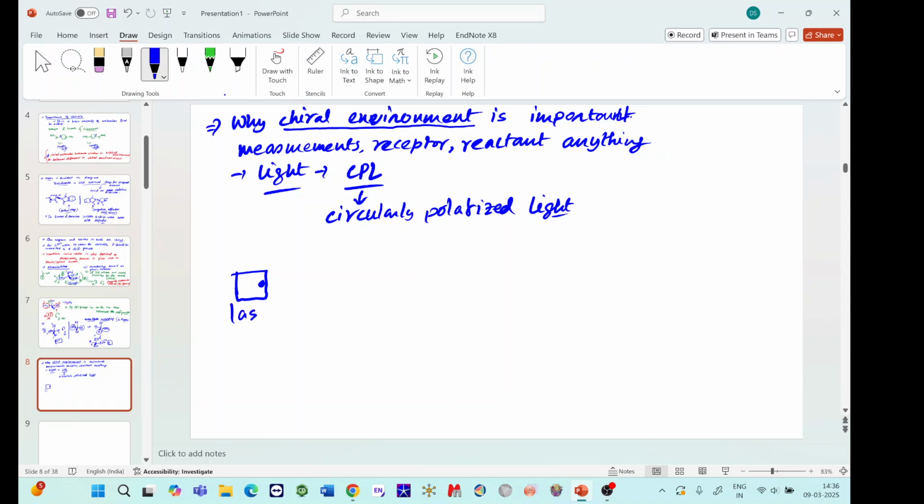suppose this is a laser or a diode, you have a light source. When light is radiated or released from any source, it will have different kinds of polarization planes.